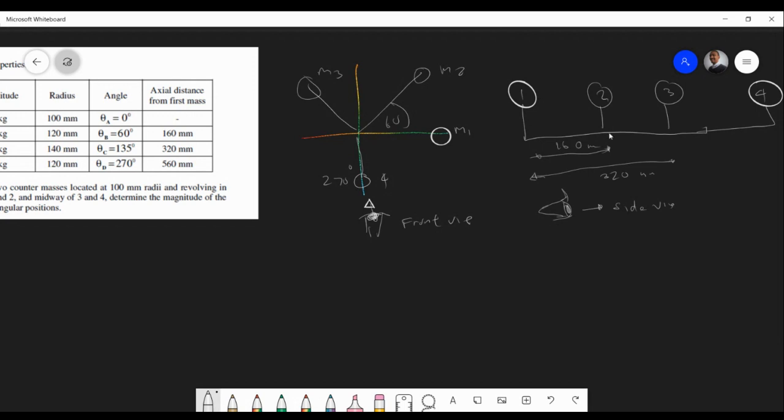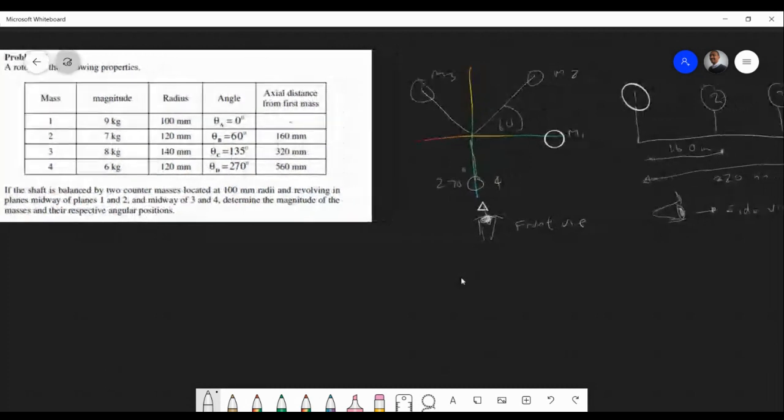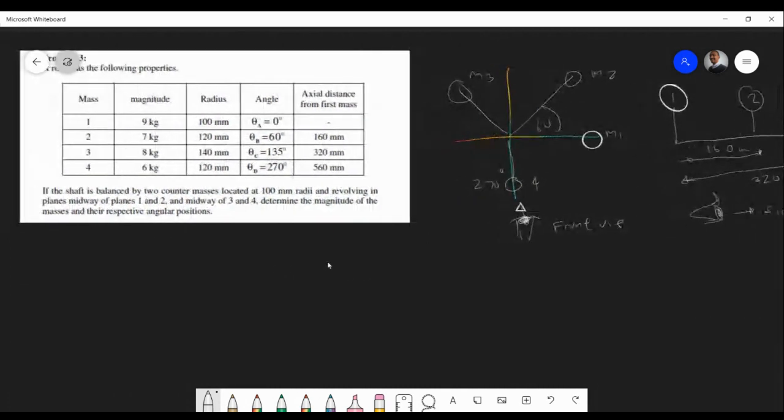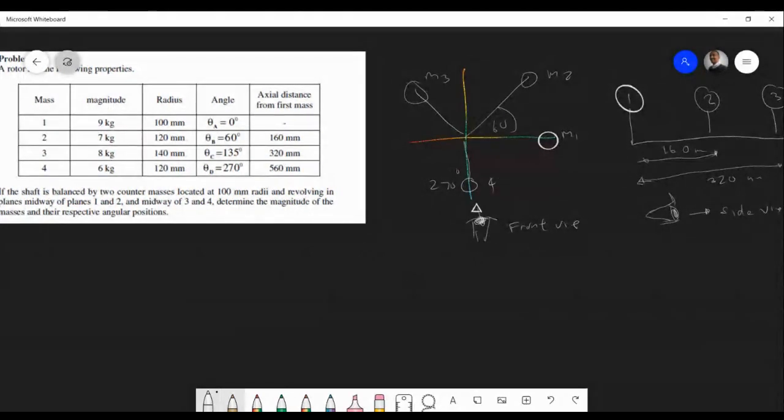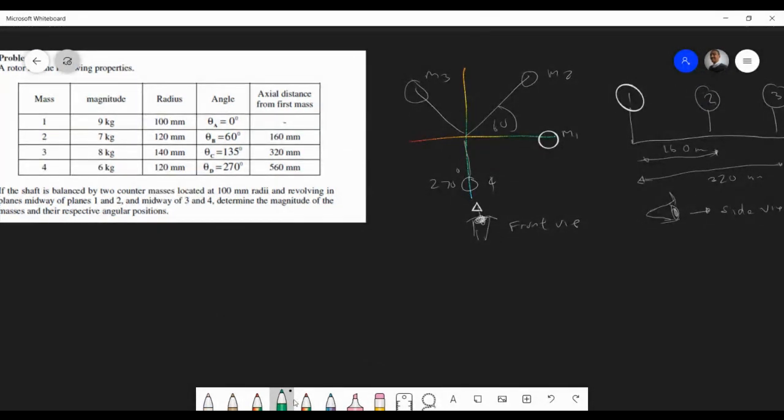They said that the revolving planes of the balance masses, the counter masses, are midway between 1 and 2, halfway. So half of this is 80. Sorry, I'll use a different color here.